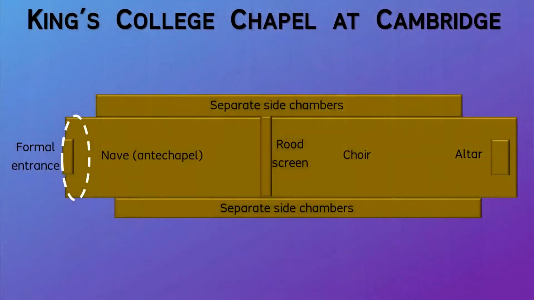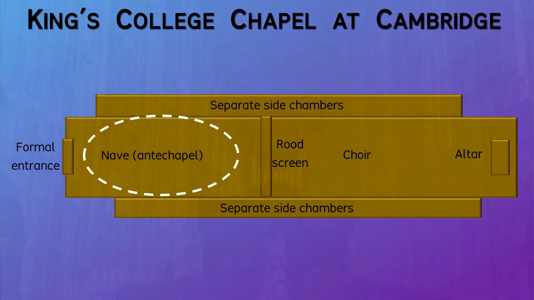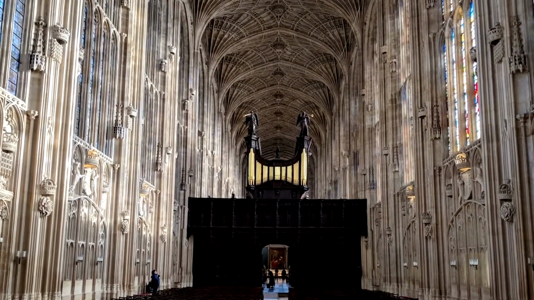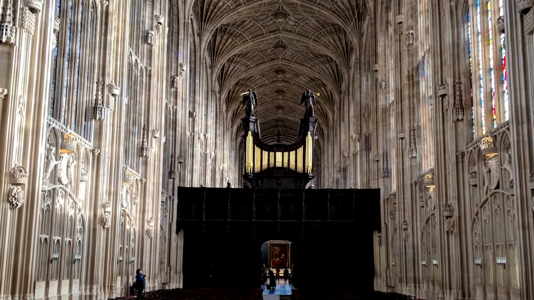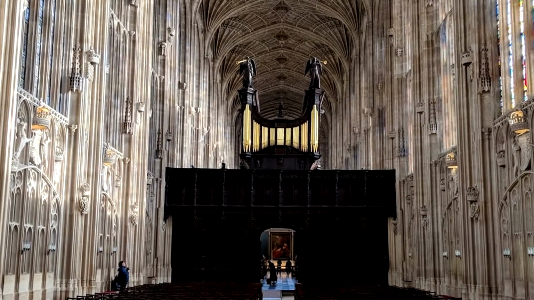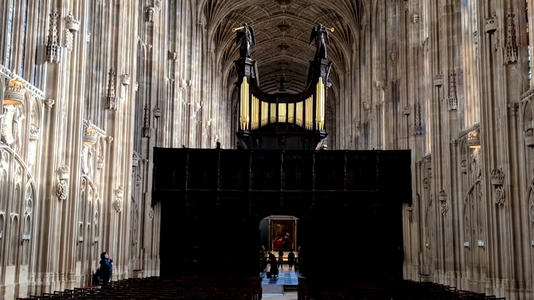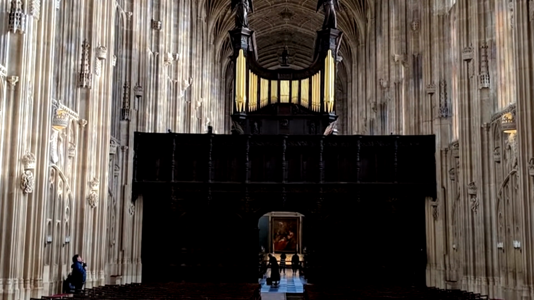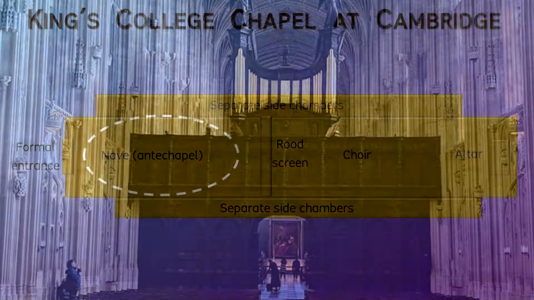The formal entrance brought people into the nave or antechapel area. From here, the altar of the chapel could be visible at the far east end. The area closer to the altar generally was reserved for the priests, attendants, and the choir closest to the religious proceedings.